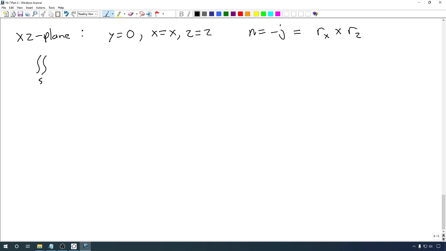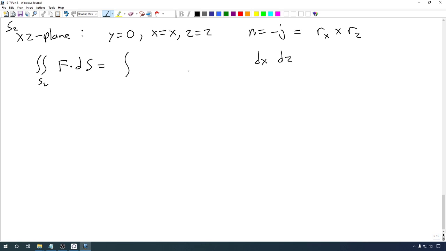So the integral over S, I guess we're calling this S2, of F dot dS. I'm going to find limits for this where I do dx dz, because it'll turn out to actually be the easy way of doing this.